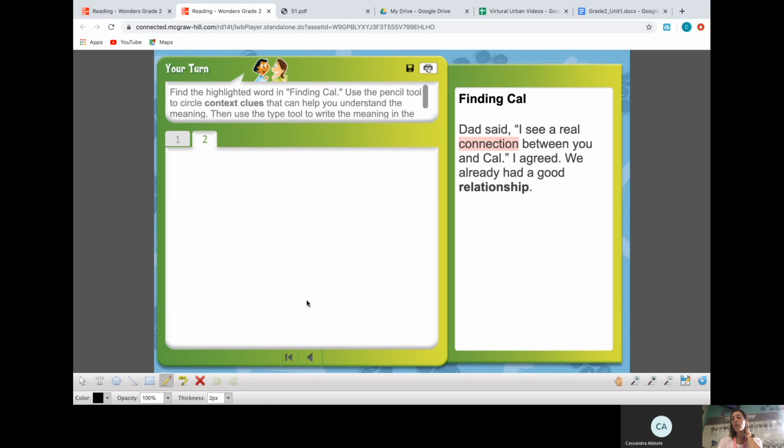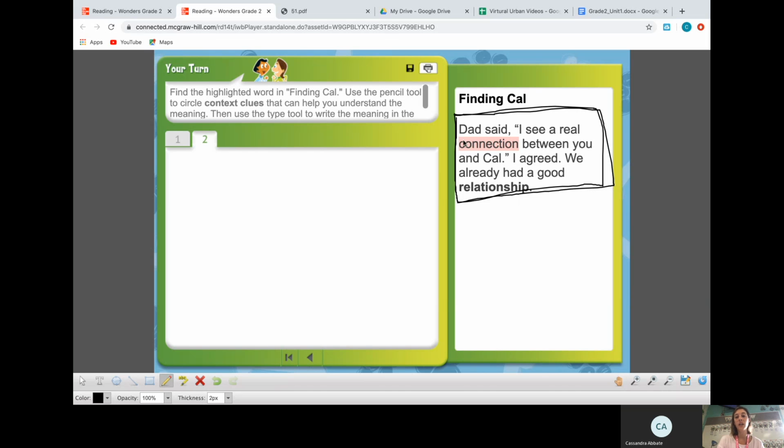Okay, so I want you to keep in mind that I know that when we just read the definition of context clues, it said in the same sentence. But in this case, it's not in the same sentence. I like to say, look for words around the unknown word. So I want you to be looking in this paragraph right here, and I want you to find context clues for what connection could mean.